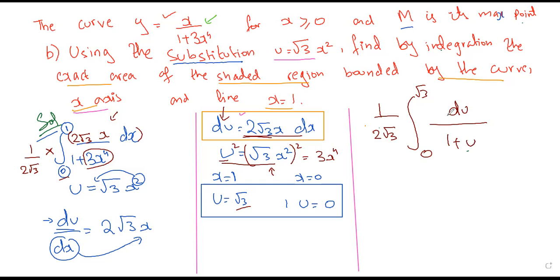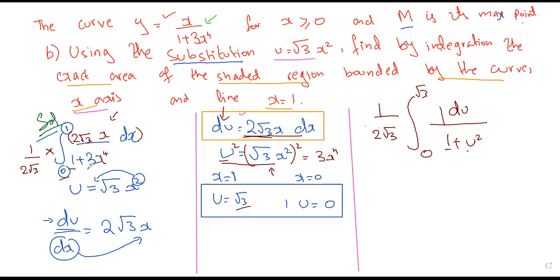Any questions so far? How did you get 1 plus u squared? Look, I had 1 plus 3x to the 4. The 1 comes as it is because it doesn't have any x.